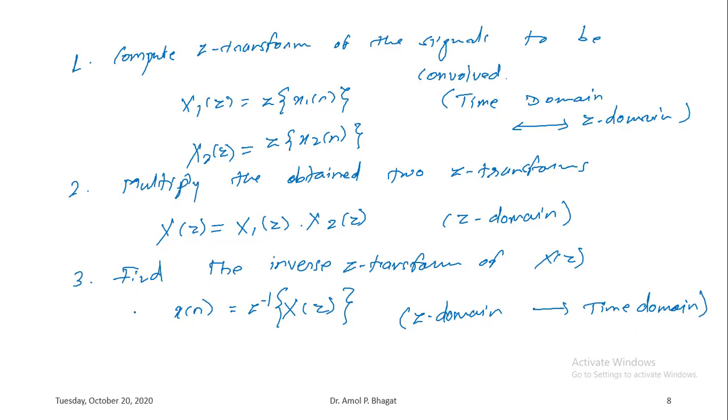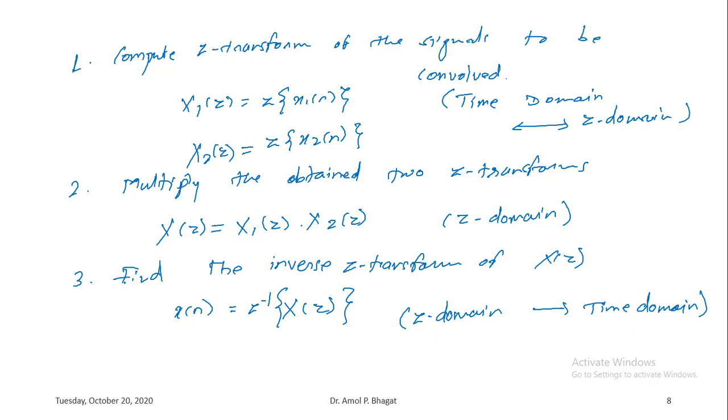This procedure is computationally easier than the direct evaluation of the convolution summation by using whatever methods we have seen. If we want to perform the convolution operation using a computational algorithm or by writing a program, we have to implement the mathematical formula of convolution, which requires more operations.